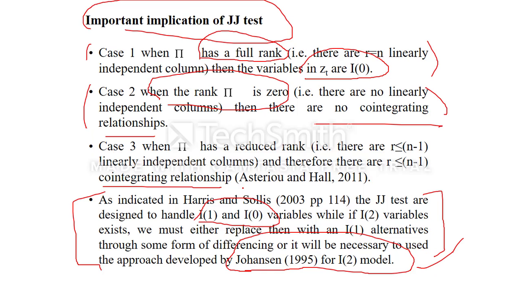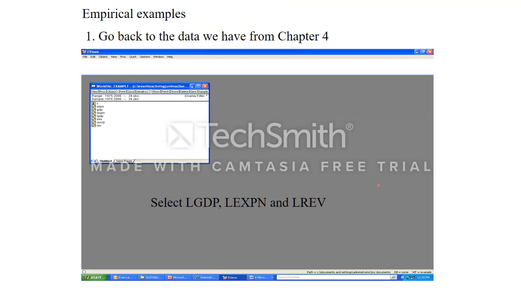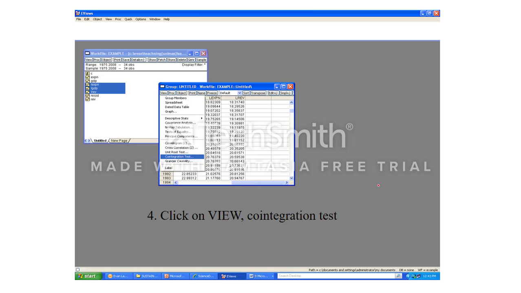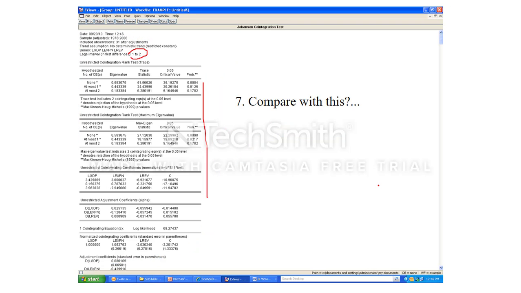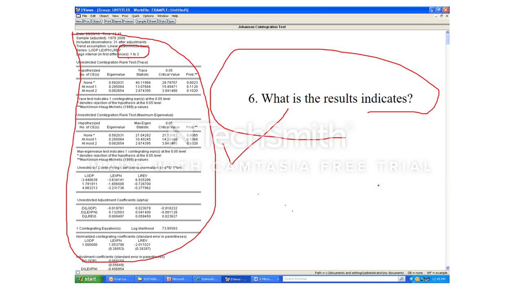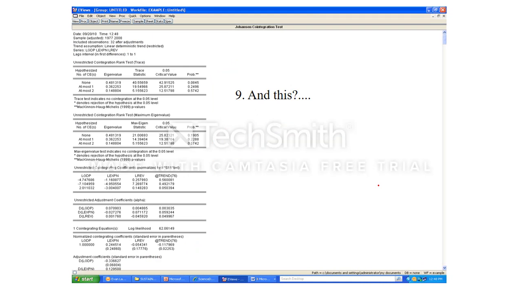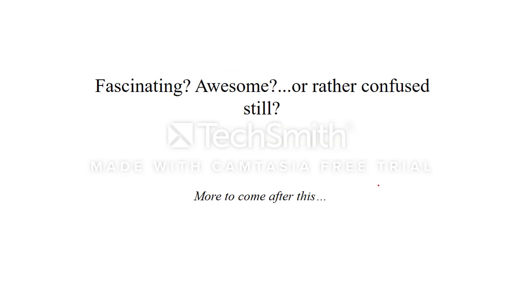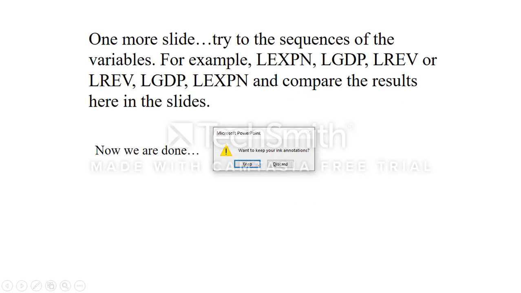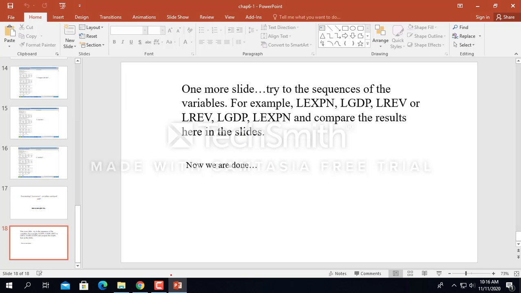Because here we have 4 cases, since you can have more than one example. Case number 3. I will repeat this again later, so bear with me for a while. I will show you all the 4 results using the simple test in EViews.